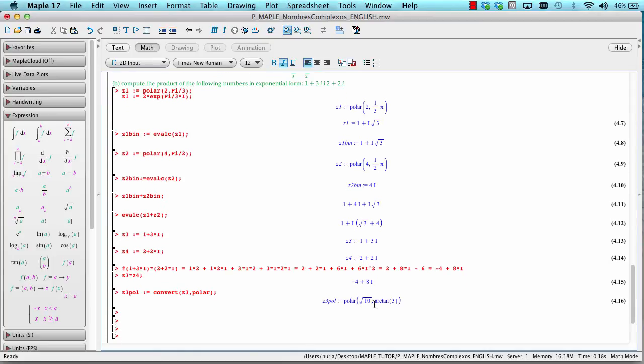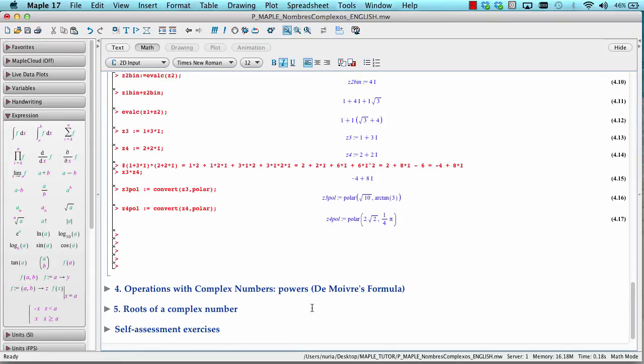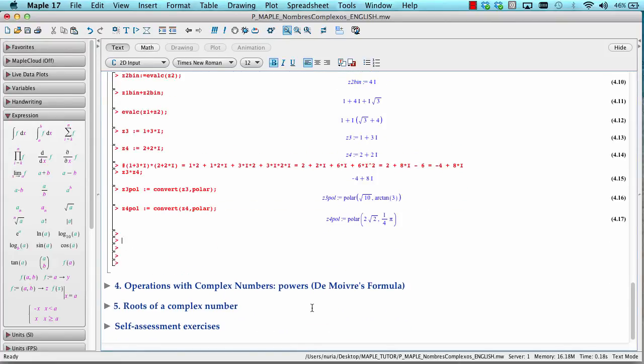Now you see that this is not quite easy to do. F5. Z4 polar is going to be convert Z4 to polar. F5. And now once we have these, we would do polar times polar.